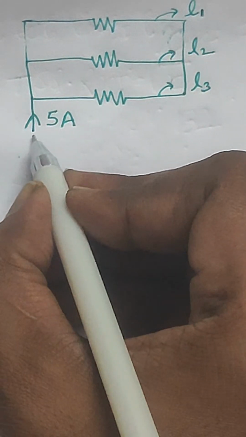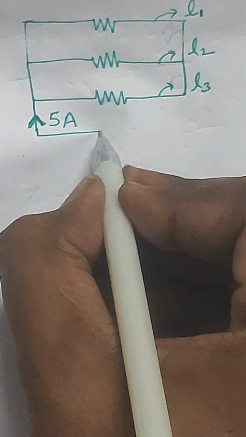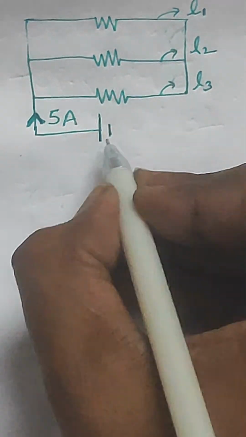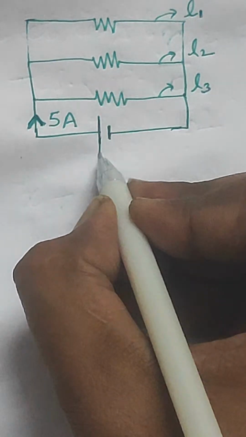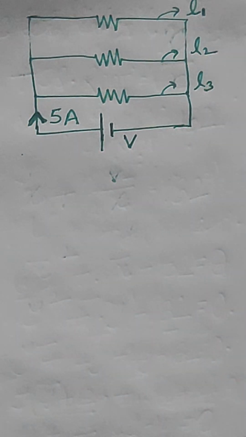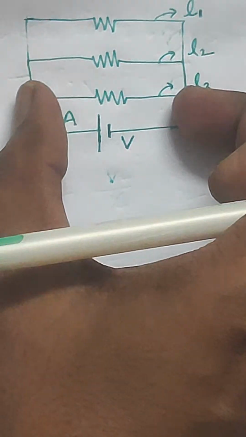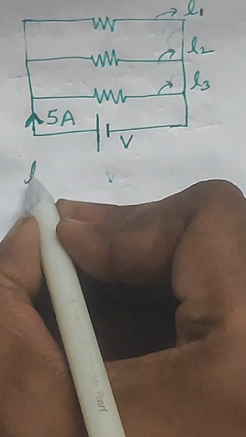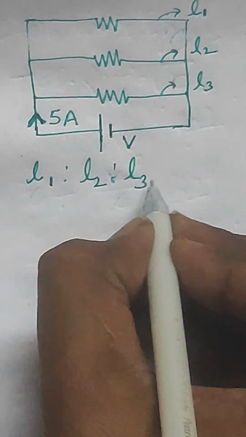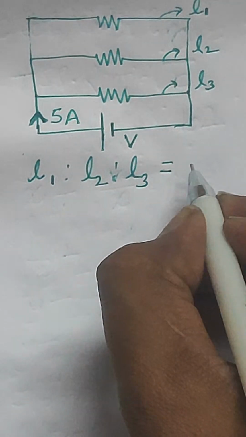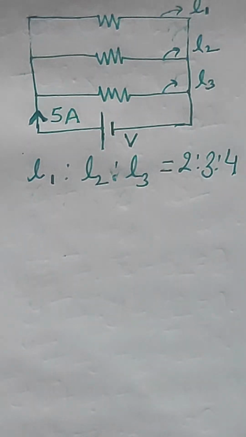That means if this current is going through the circuit, then definitely there is an EMF source, a voltage source. Let's say this is V. And it's given that the lengths of the wire through all the three parallel connected branches, L1, L2, L3, are in the ratio of 2 is to 3 is to 4.